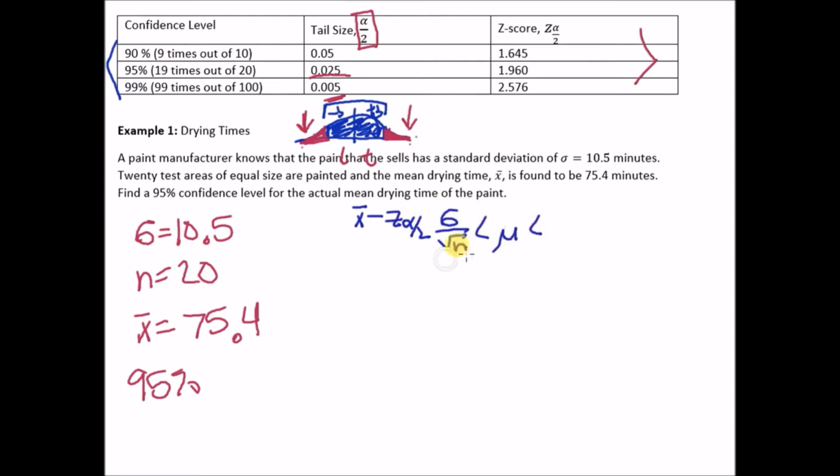And mu has to lie between that and x bar plus the same. So we can go ahead and just sub these values in. And for 95%, we're going to sub in out of that chart 1.960.